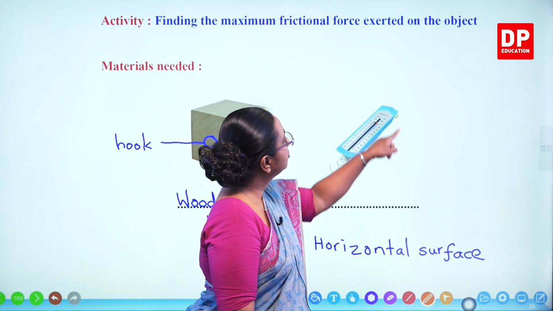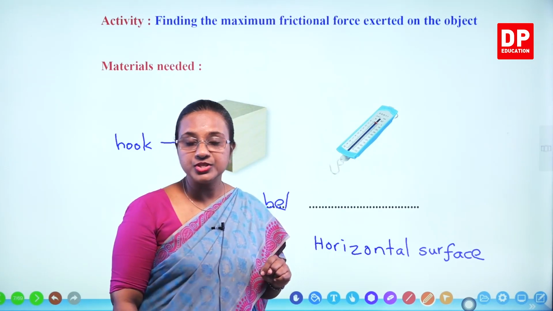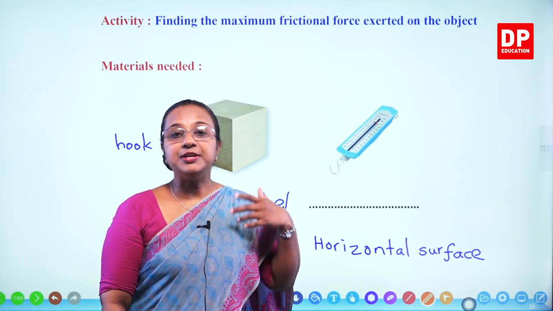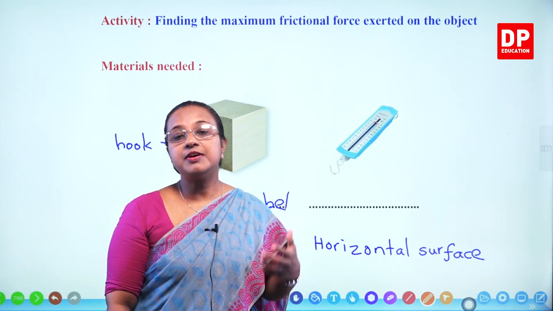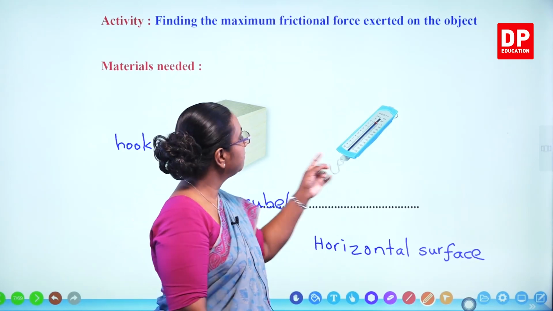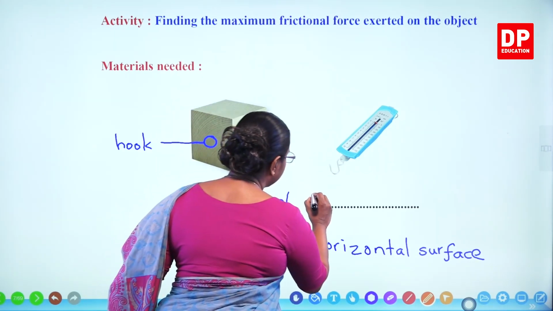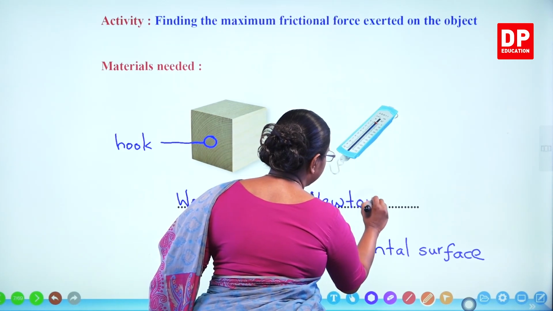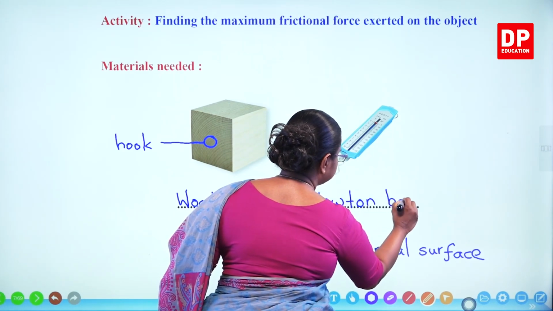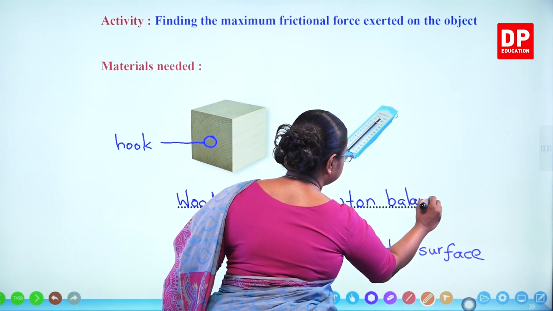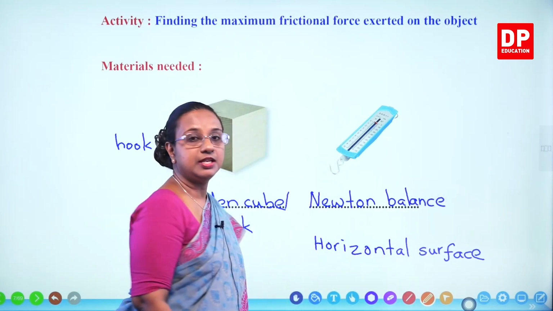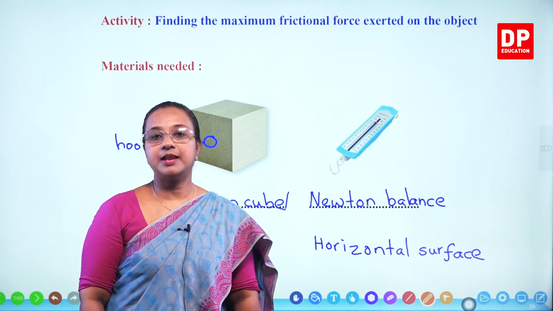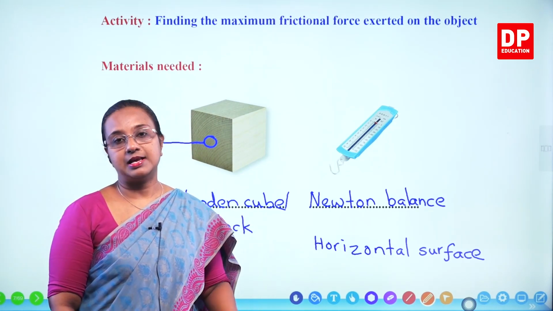And then to measure the force that we are applying and to determine the different frictional forces, we will need a Newton balance or a spring balance. Either balance is okay.